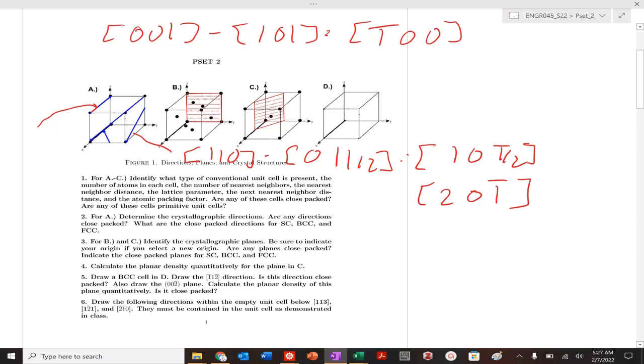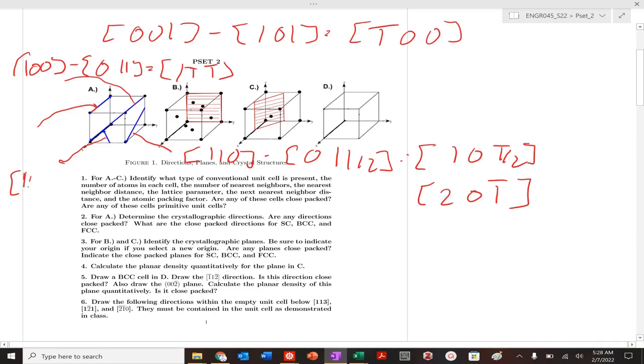Let's go over here. My finish there is 1, 0, 0 minus my start, which is at 0, 1, 1. So that's going to leave me with 1, -1, -1. And then finally this one over here, my finish is at 1/2, 0, 0 minus my start, let's call this 1, 1/2, 0.